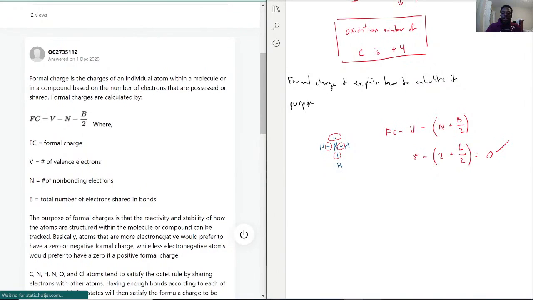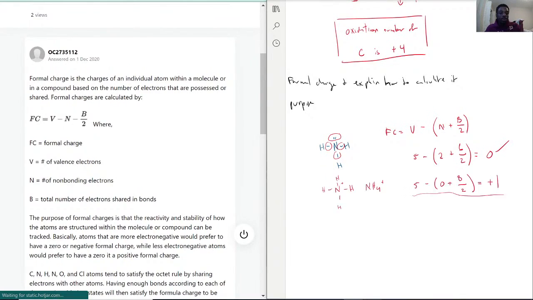So 8 divided by 2 is 4, and we have a charge of plus 1. So you will see that the reason ammonium is written NH4 plus is because the plus is on the nitrogen in that molecule, and we can show this by how we did the formal charge.